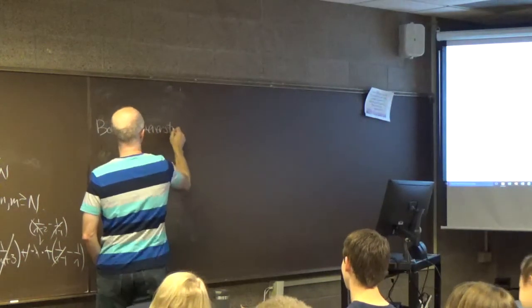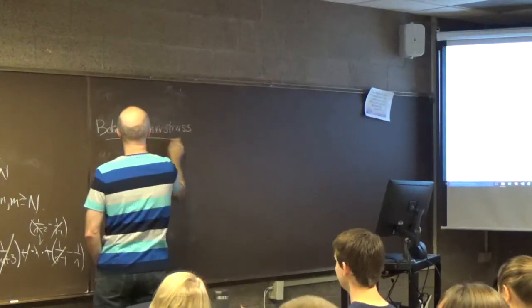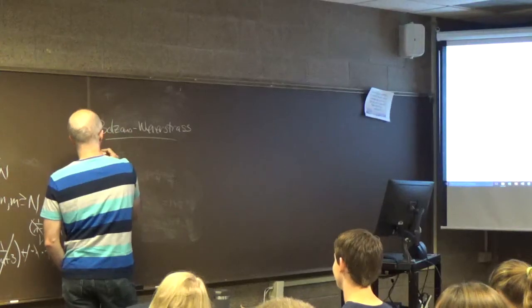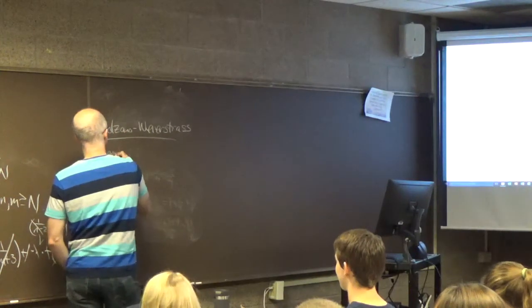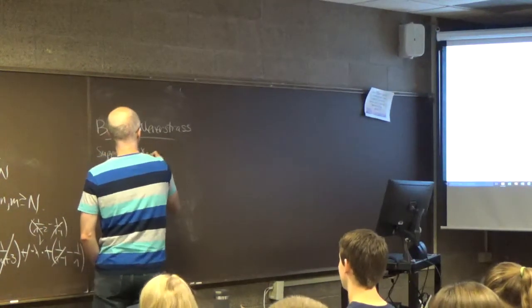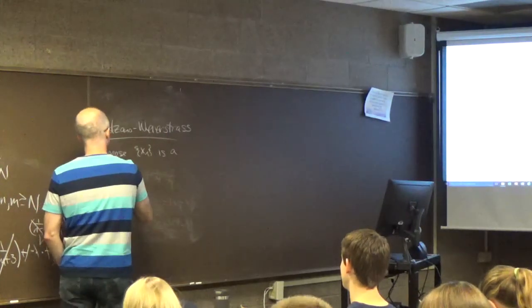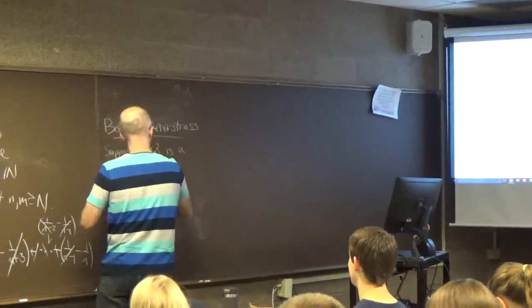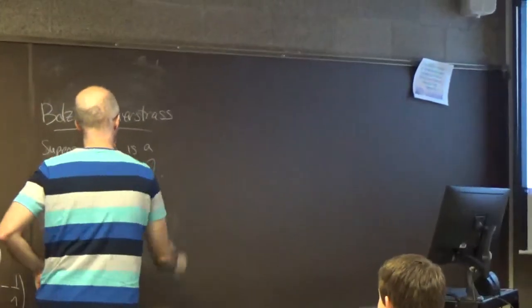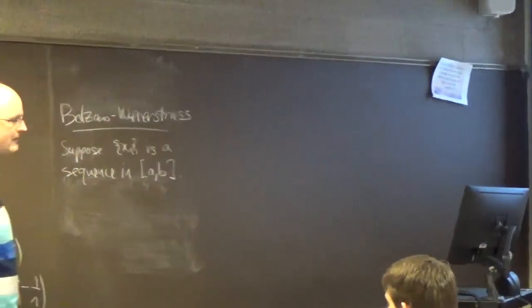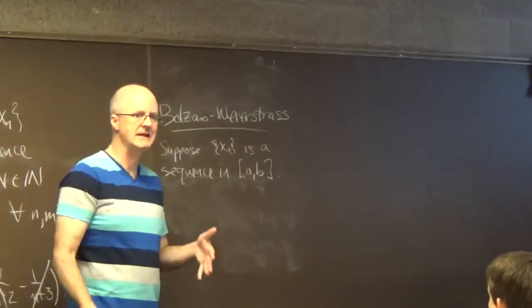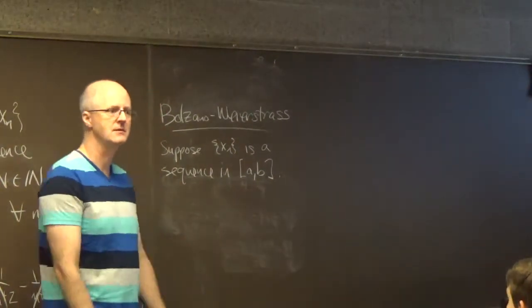Bolzano-Weierstrass. Suppose Xn is a sequence in the closed interval from A to B. In the closed interval means all the terms are inside that interval.